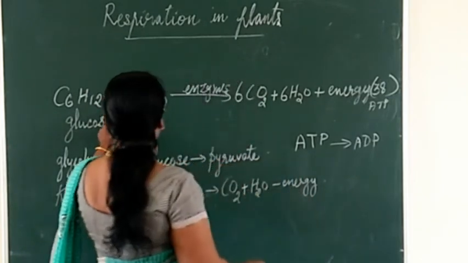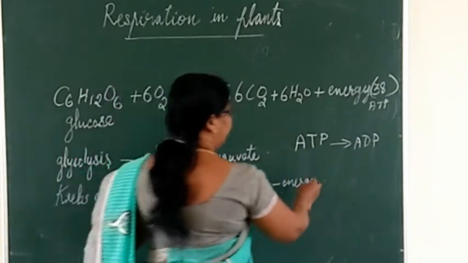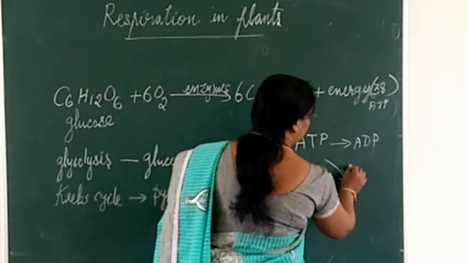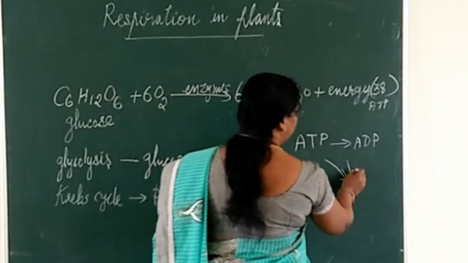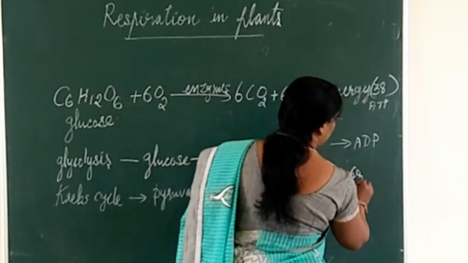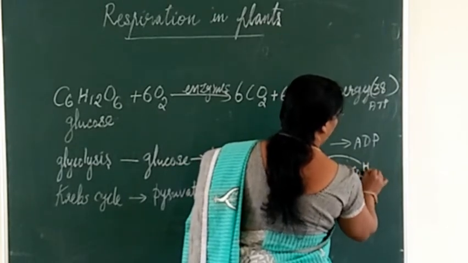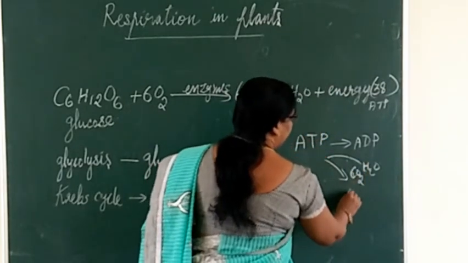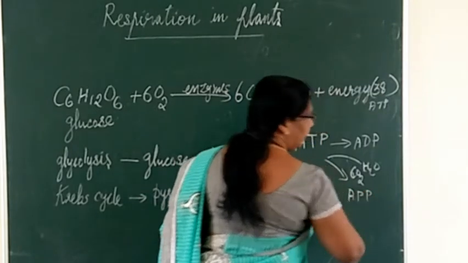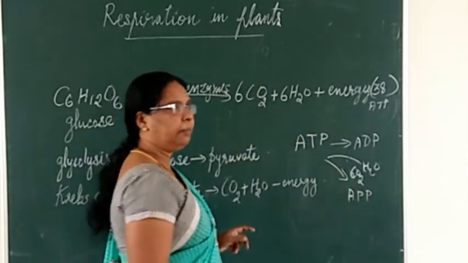So during the process of respiration, you get carbon dioxide, water, and ATP. The remaining energy will be in the form of ATP.